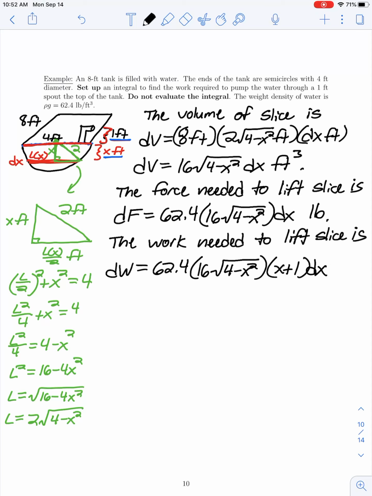I'm just going to put my dx on the end, and this is now measured in foot-pounds.